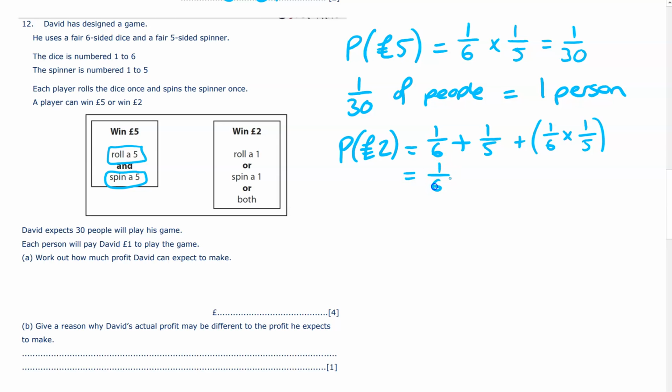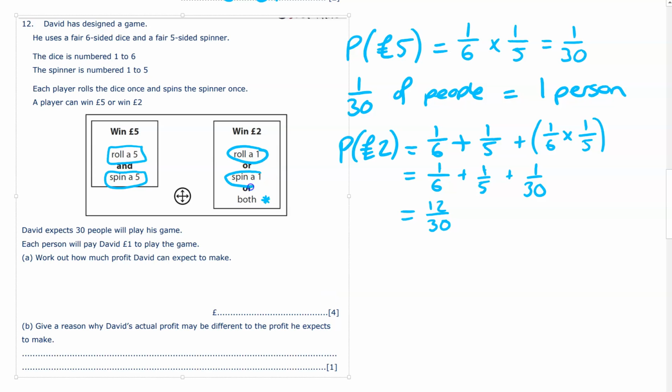So what do I get? A 6th plus a 5th plus a 30th is 5, 6, 11, 12 30ths, which is 12 people. Does that sound right? No, it's not right, because if I count the roller ones, I'm going to include a both in there.